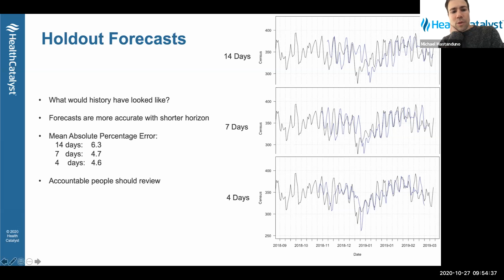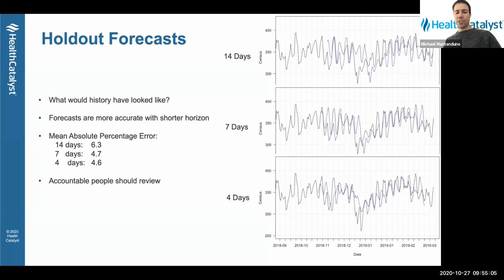We're trying to ask the question, what would history have looked like if we were using this forecast for decision making? We can quantify that with what we call mean absolute percentage error, meaning how many percent wrong were we overall. For this data set, it was 6.3% for the 14 days, and then down to 4.6, 4.7 for the 4 to 7 day range.